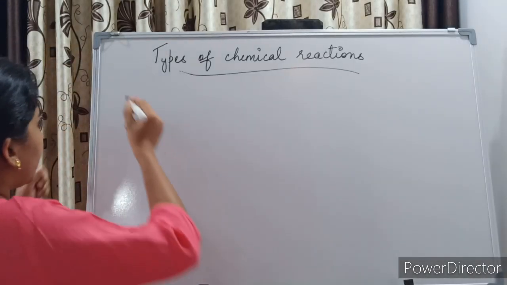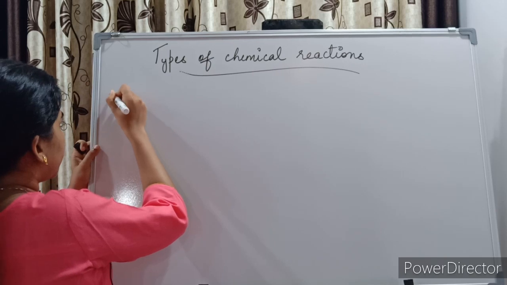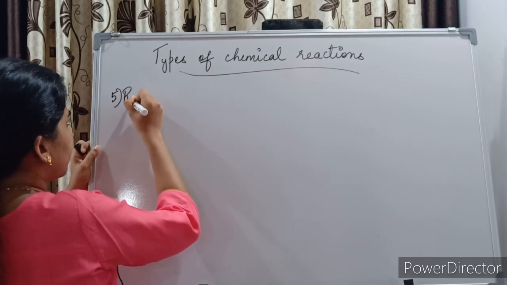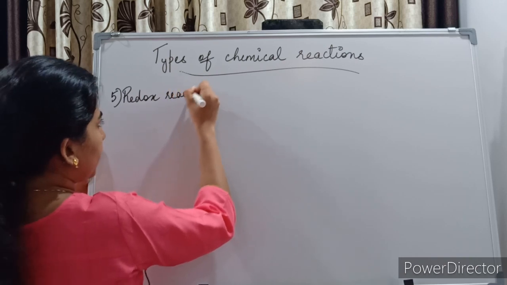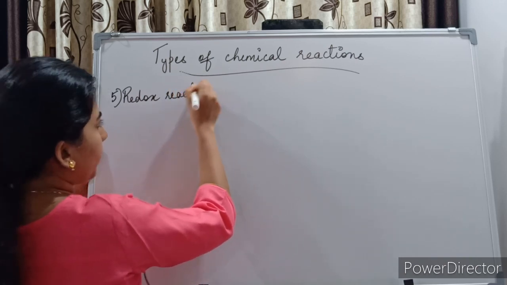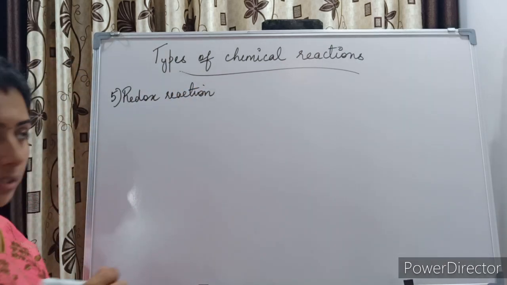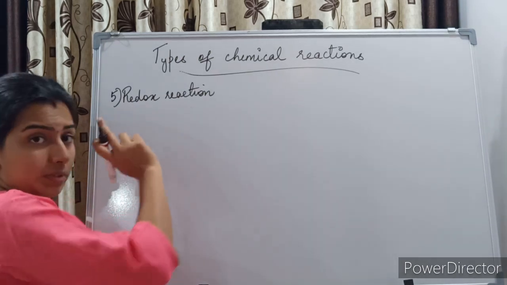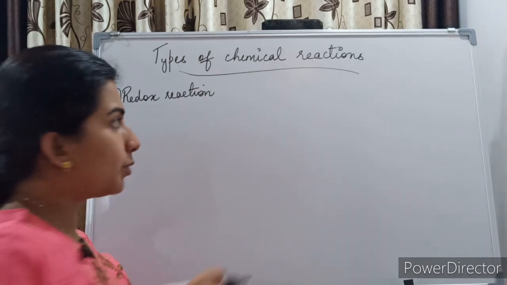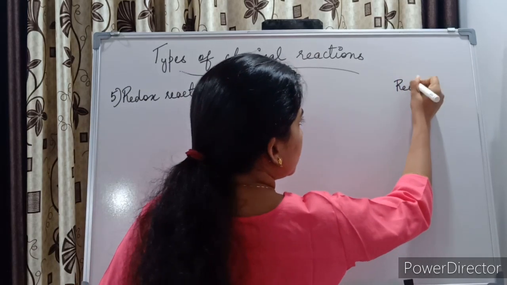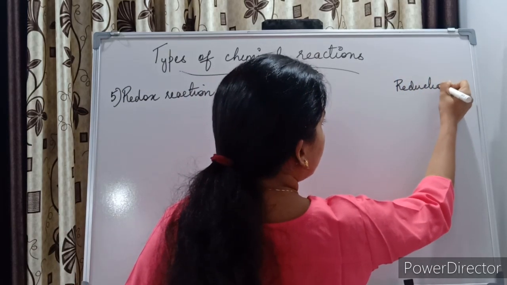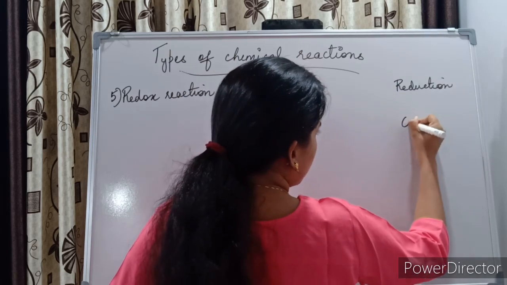And the last reaction is the redox reaction. What is this redox reaction? Before studying redox reaction, we have to know about two other reactions, that is reduction and oxidation.